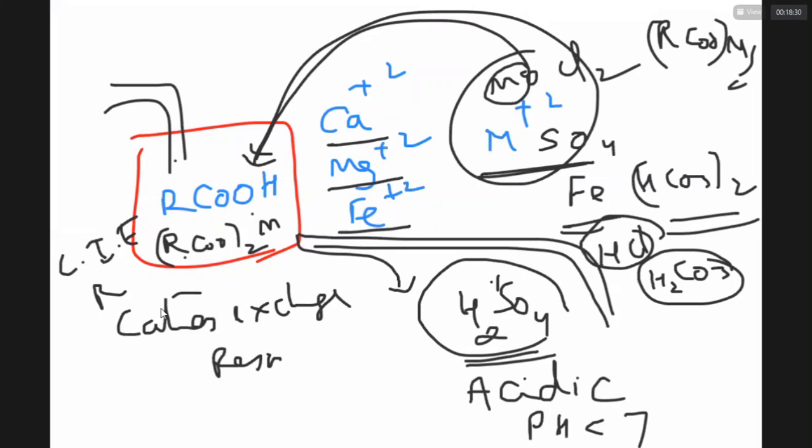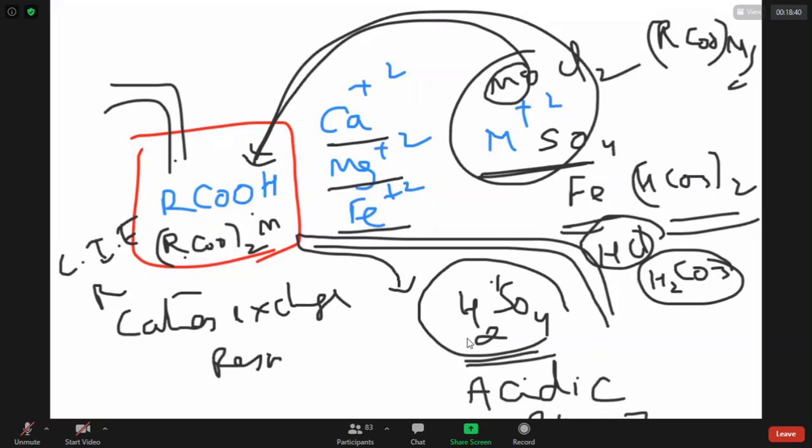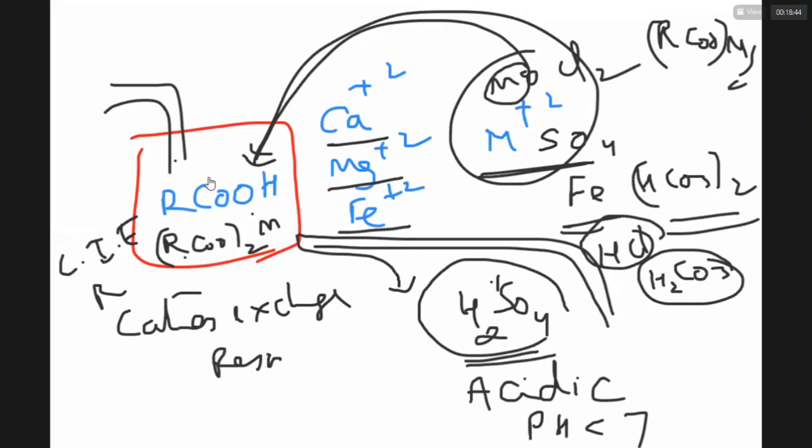So we understood there is a very important method to remove hardness called the ion exchange resin method. In this method, first we take the water which is having hardness. That hot water is passed through cation exchange resin. It will take any metal ion and give H⁺ ions. The outcoming water is acidic with pH less than 7.